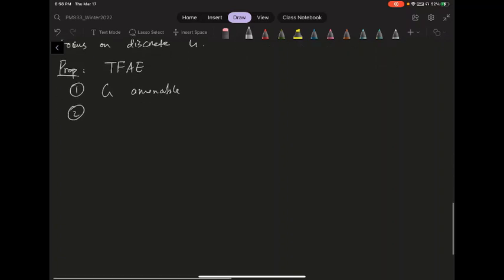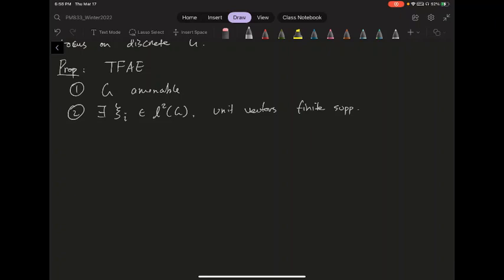I can find a net, say psi i, a sequence of unit vectors in the L2 space. Here everything is discrete, so let's just use little l2 of G. They are unit vectors with finite support. And moreover, these have some approximation properties.